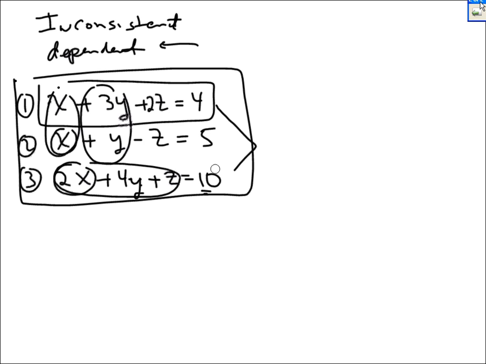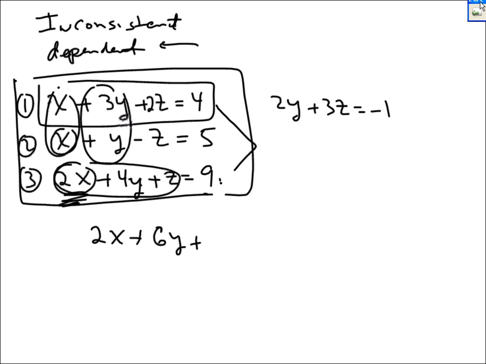But if you got 9 equals 9, that's dependent. I'm going to change this 10 to a 9. And when I subtract the first 2 equations, I'm going to get 2y plus 3z is equal to negative 1, just like I did before. And if you double the first equation, that will give you 2x.